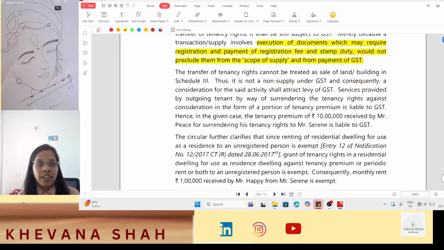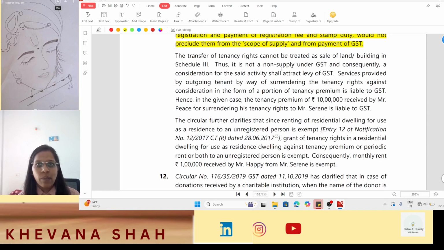Now, the transfer of tenancy rights cannot be treated as sale of land or building in Schedule 3, because the circular specifically says it falls under Schedule 2, so you cannot take it to Schedule 3. Thus, it is not a non-supply under GST.